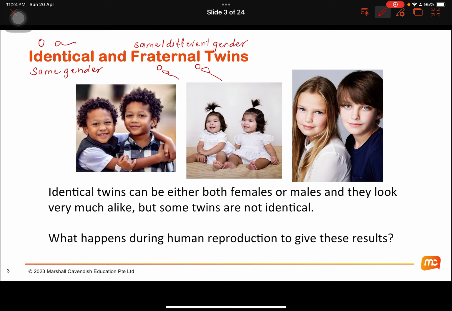As you can see, the last picture is a picture of fraternal twins. They look different. Based on the picture, you can see the same mouth shape, same nose shape, but the eyes are slightly different. This is because the different sex cells carry different genetic materials.